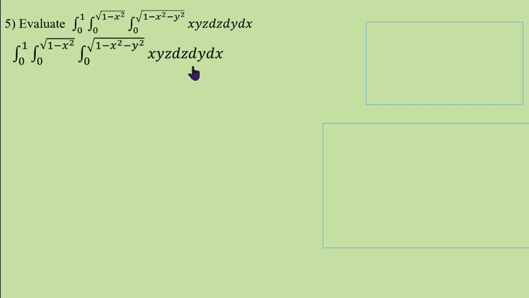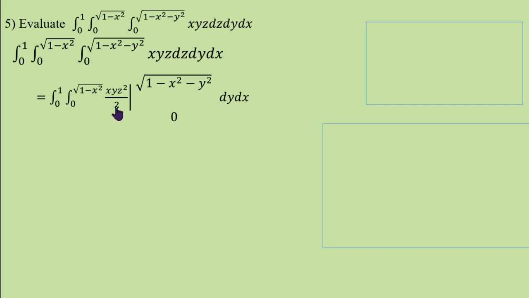When you are going to integrate with respect to z, xy is constant, integral of z is z square by 2, and the limit of z is 0 to root 1 minus x square minus y square. So upper limit is root 1 minus x square minus y square, lower limit is 0. Therefore, you simplify this separately. Here you apply the limit for z.